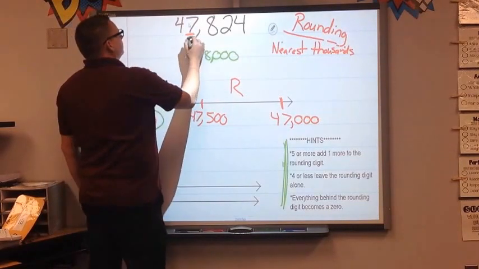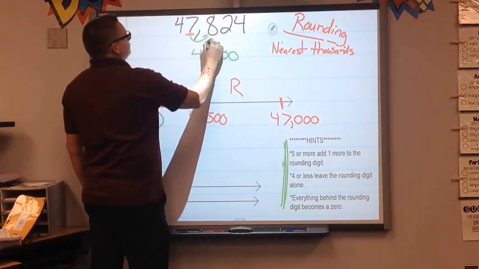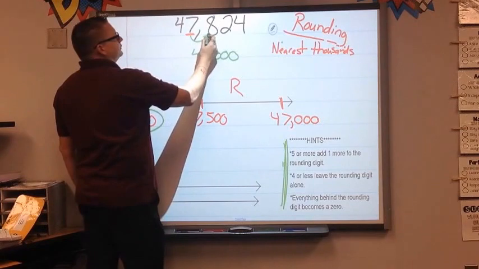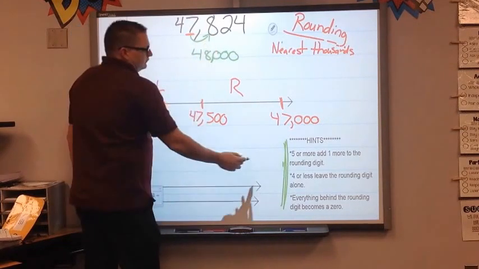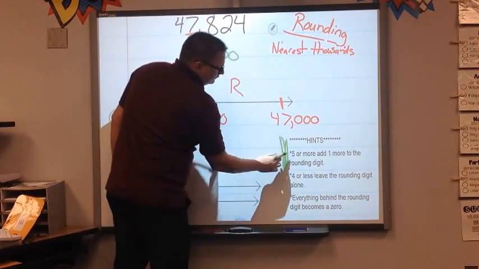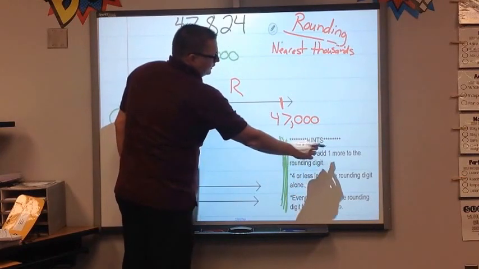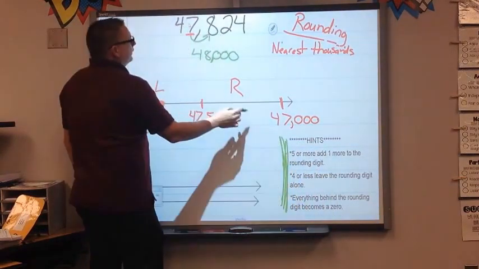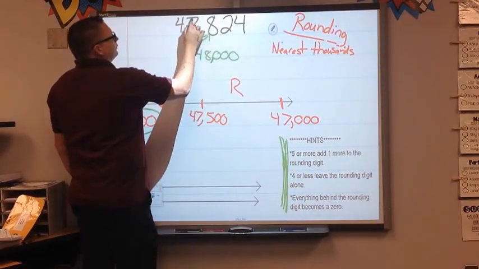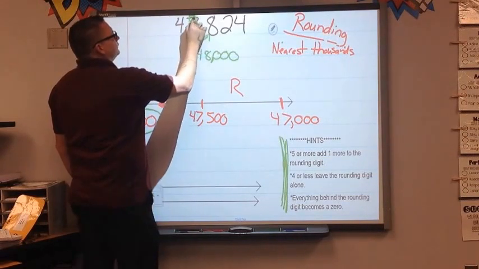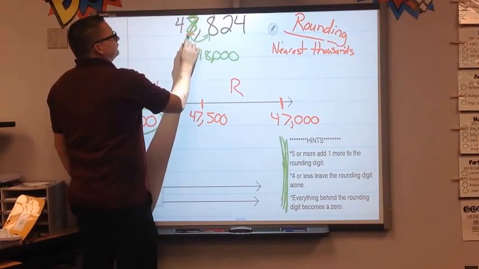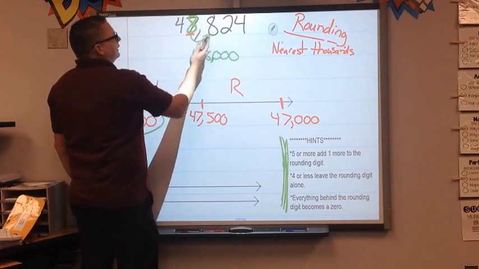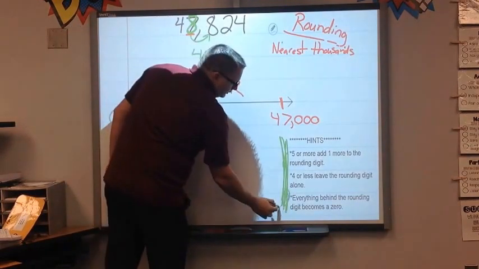If we did the trick way, once we really understand, you look to the right of the rounding digit. This 8 is 5 or more, so we're going to add one more to our rounding digit. And what does everything become behind the rounding digit?